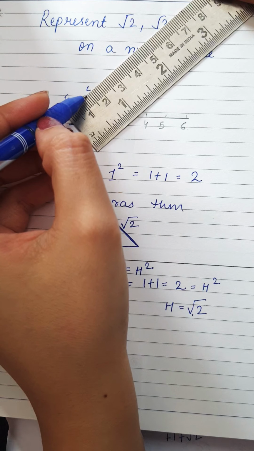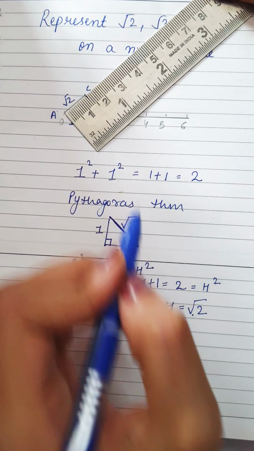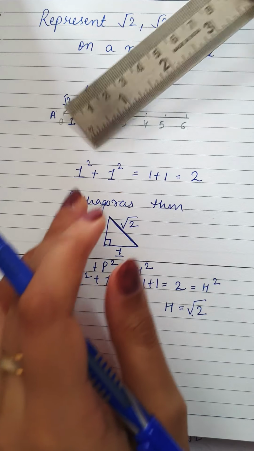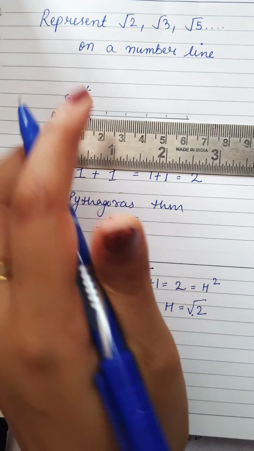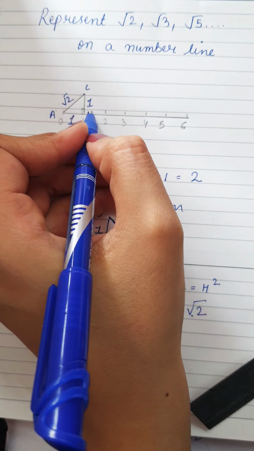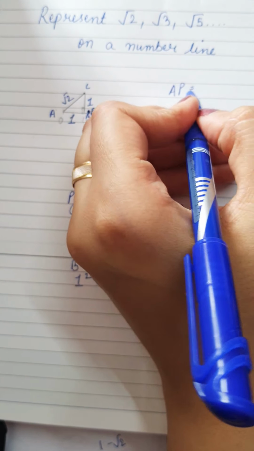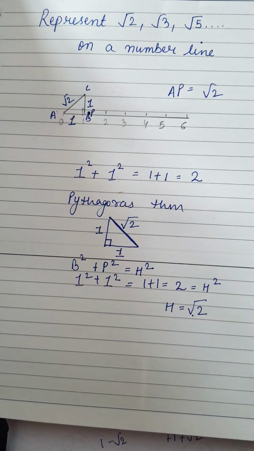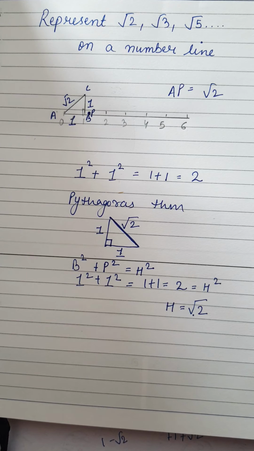It is till this point in the scale. Or you can use a compass for better results. So starting from 0, let this point be P. So that means AP is representing under root 2 on the number line. I hope this is clear.